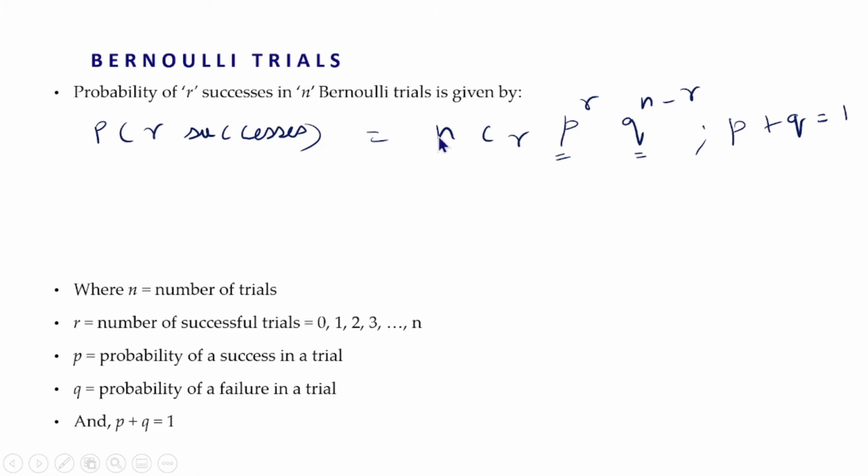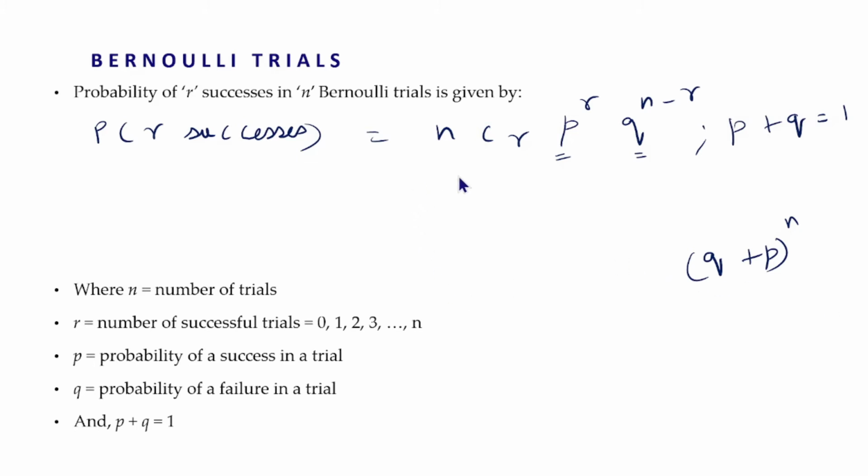This term is nothing but the (r+1)th term in the binomial expansion of (q + p) raised to n. So if we use the binomial expansion, we will get the (r+1)th term as this term.